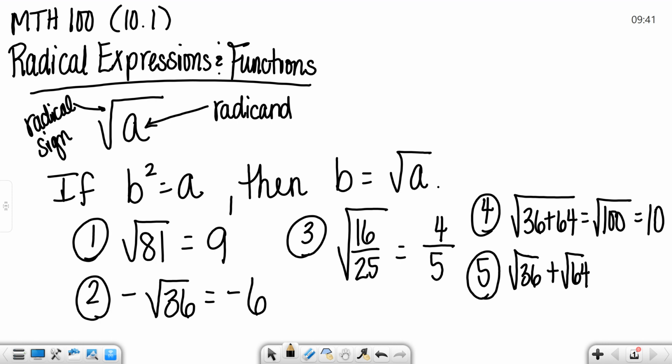Okay, now this time the 36 and the 64 are not under the same radical sign. So I do each one individually. The square root of 36 is 6, the square root of 64 is 8, and then when I add them together I get 14. So quite a bit different answer than number 4.